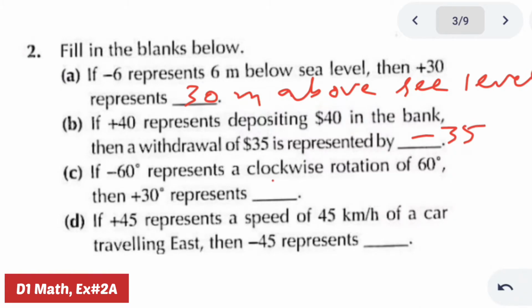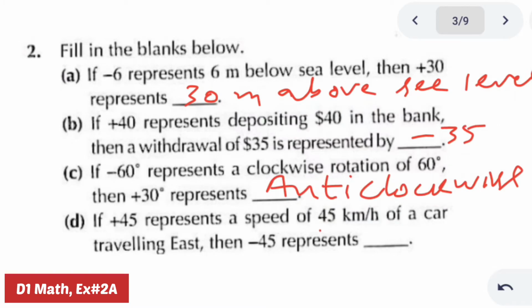Similarly, in the third part, if minus 60 represents a clockwise rotation of 60 degrees, then plus 30 will be an anti-clockwise rotation. And in part D, if plus 45 represents a speed of 45 km per hour of a car traveling east, then minus 45 represents something opposite to that.